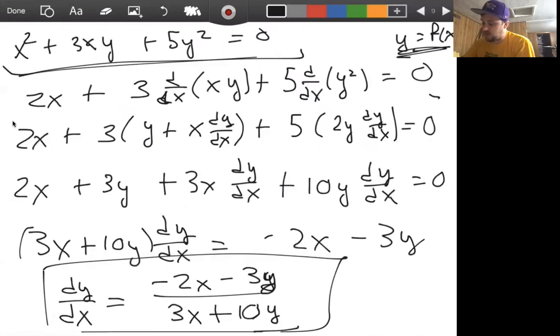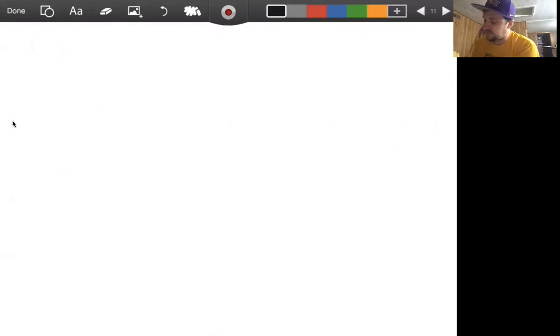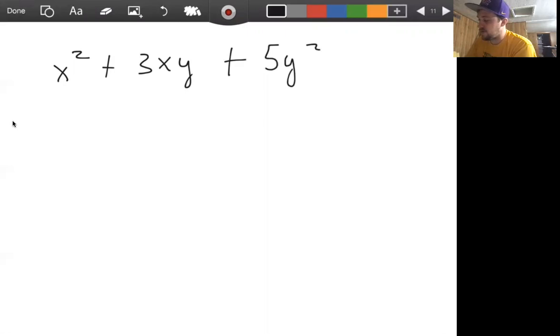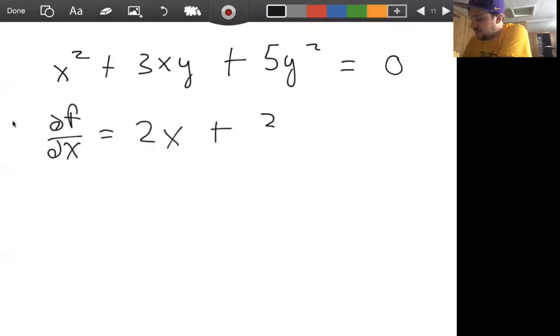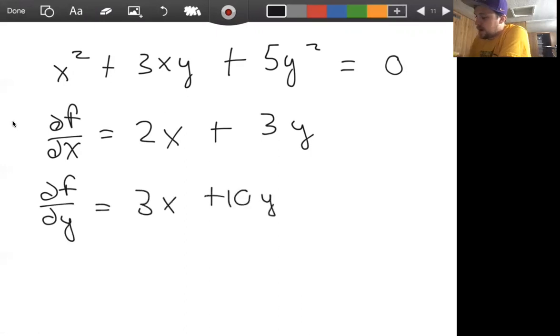And so let's see what we would have gotten here. Let's copy our function. It was x squared plus 3xy plus 5y squared, and we'd set that equal to 0. Well, what's partial f partial x? It's 2x plus 3y, and then partial f partial y is 3x plus 10y.